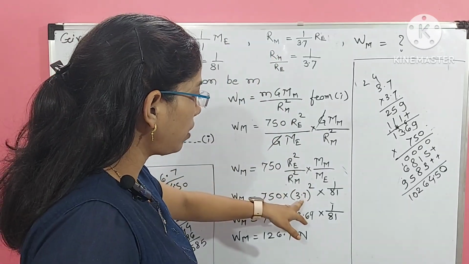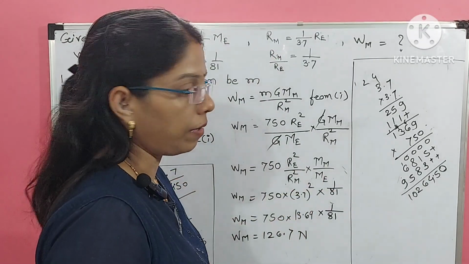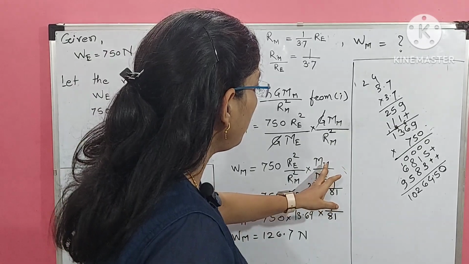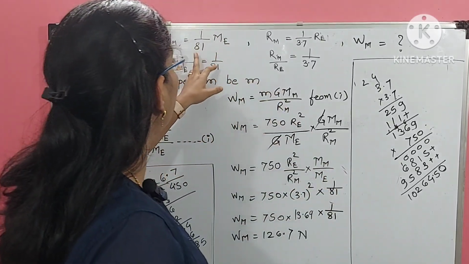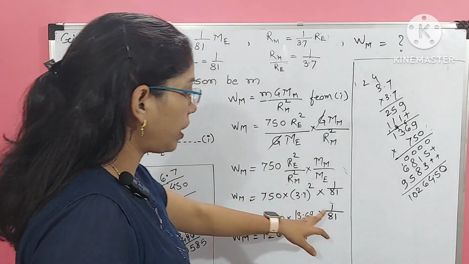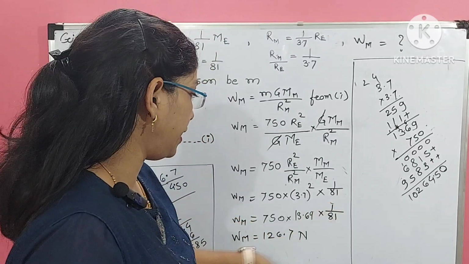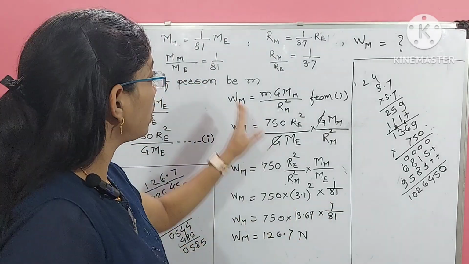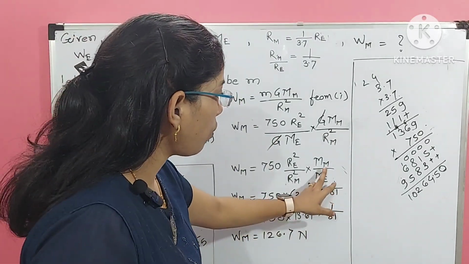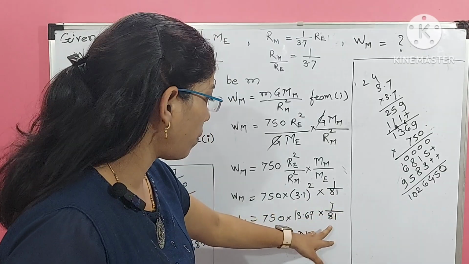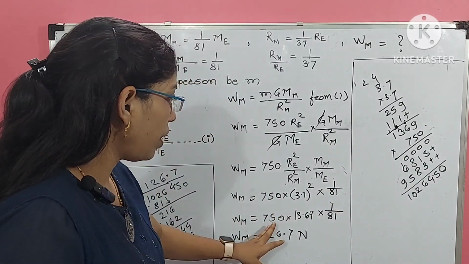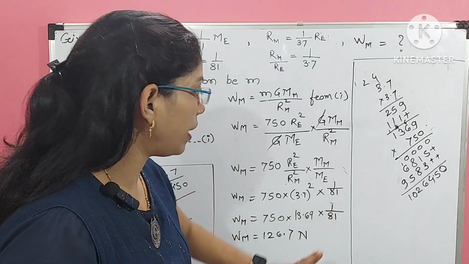Therefore we take 3.7 whole square into the ratio of mass of moon and mass of earth, which is given as 1/81. So no need to reverse, because it is given as it is. Then we multiply all the numerator things.